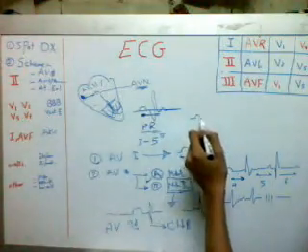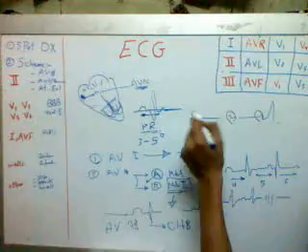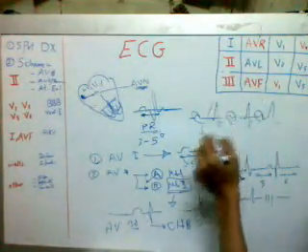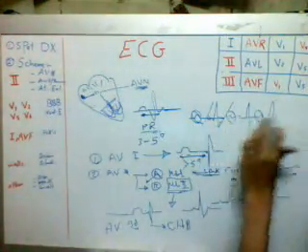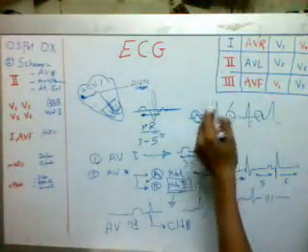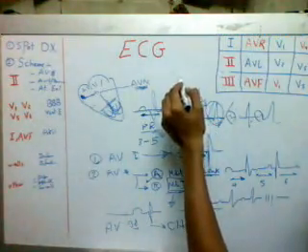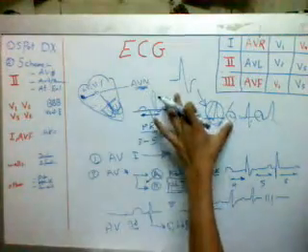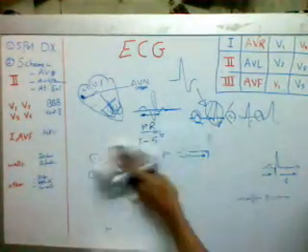You see regular P waves, and the ventricle with regularity, but no relation. You can see P wave here, P wave here, P wave here, and between the P and P there is regularity. And the ventricle makes its characteristic QRS complex like this. Okay, this is heart block.